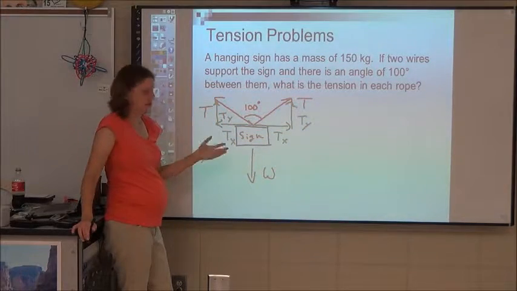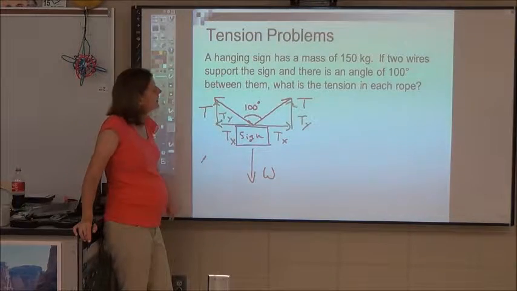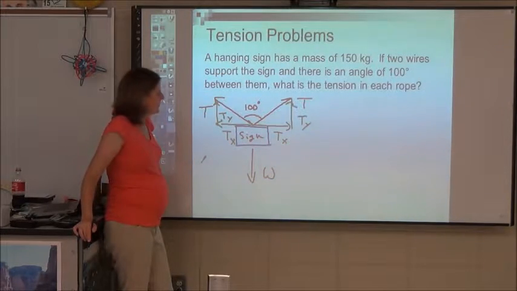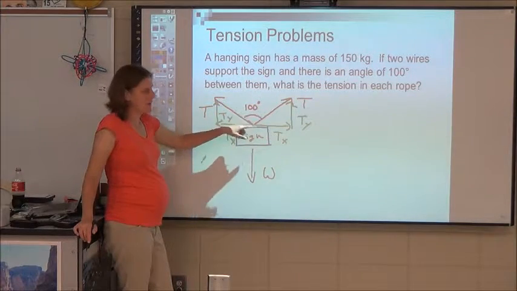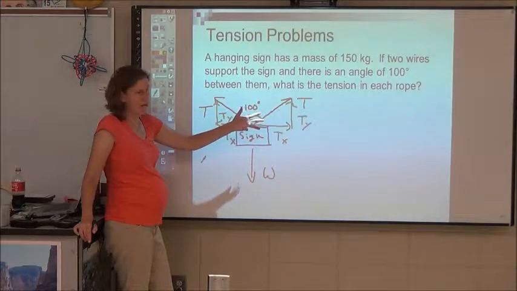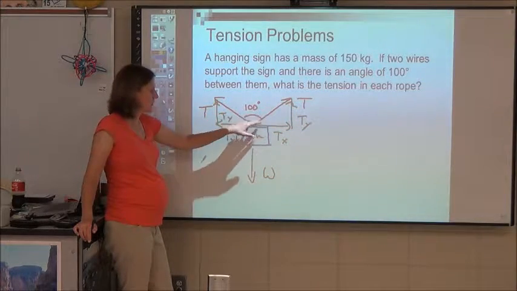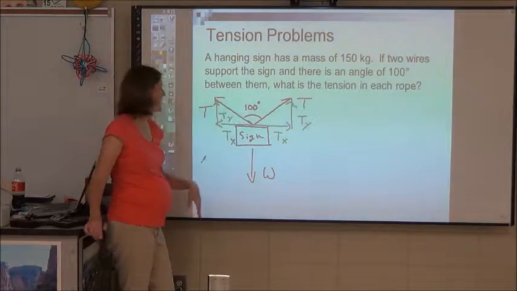And it would have to be anyway, because of course it's not moving left or right, it's just hanging there. Ty's will be equal too. So we've got 100 degrees. So if you have 100 degrees between them, and you know, sort of like half a circle is 180, these two chunks would have to be 40 and 40. So 40, 100, 40, that adds up to 180.